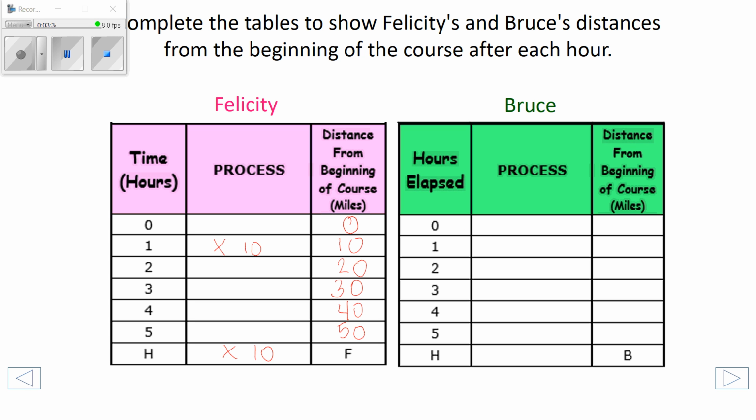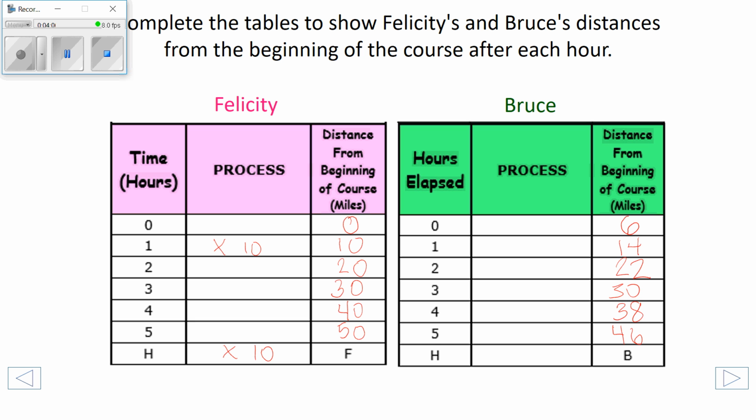And let's go and talk about Bruce. So because Felicity gave him a head start, remember, after 0 hours, he was already at 6. And so that means after 1 hour, we know that he was at, okay, so when we look at Bruce, this is kind of Bruce's process, right?